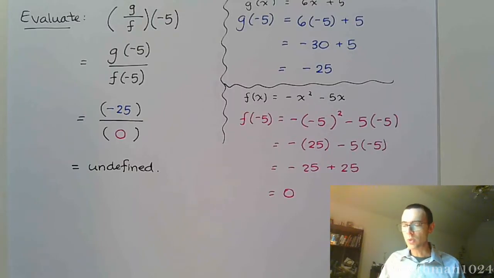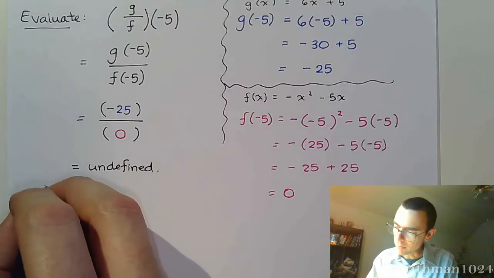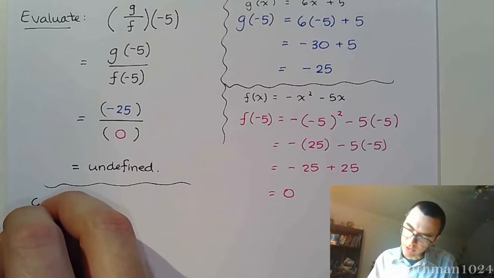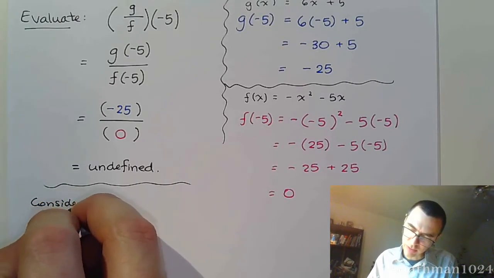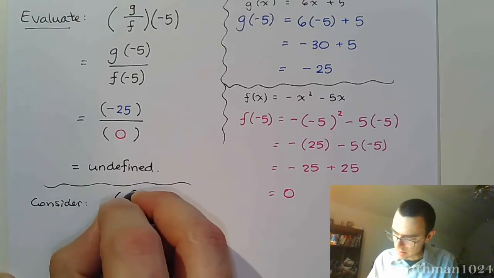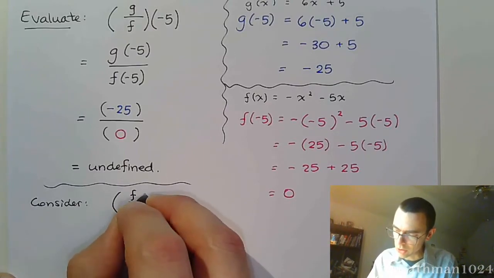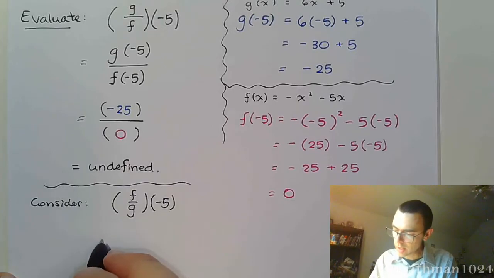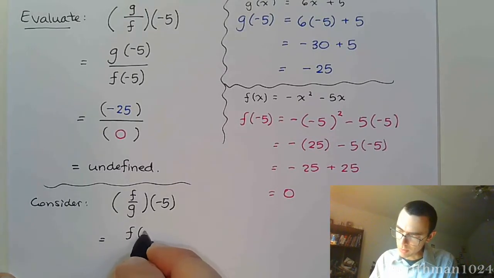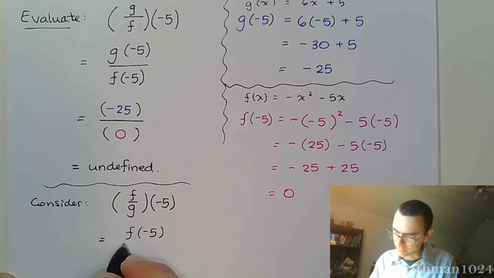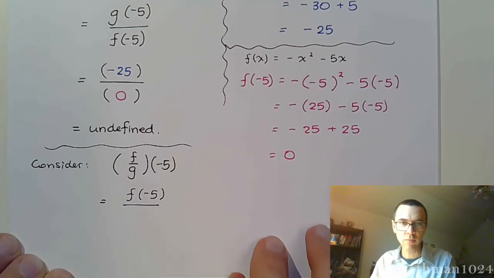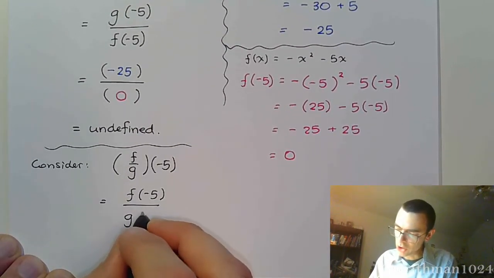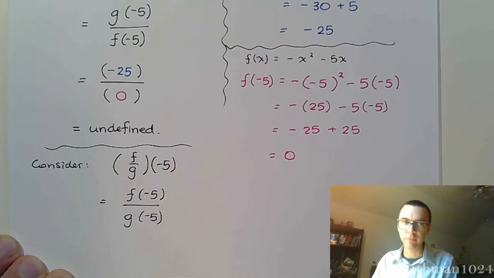Now, if this had been switched, so if instead we had f over g of negative 5, that would mean f of negative 5 divided by g of negative 5.